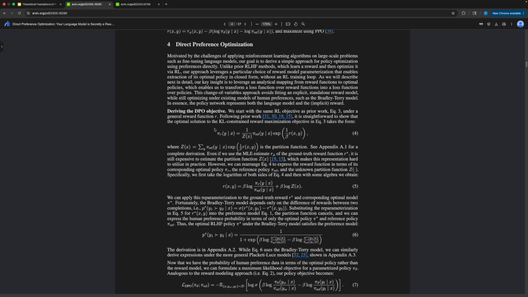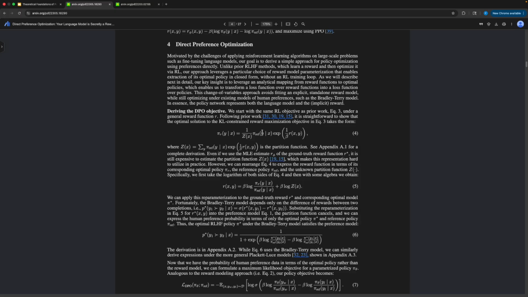So they first derive that your pi r of y given x can be written as the pi reference of y given x times the exponential of 1 upon beta times r of x comma y, upon a partition function Z of x. The goal of the partition function is simply to normalize this across all possible completions so that this itself is a probability distribution.